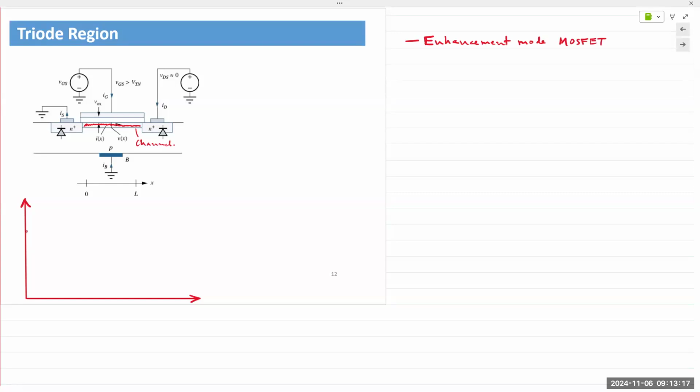There are depletion mode MOSFETs also, where a channel is already created during the manufacturing process. So similar to the FETs, like the JFETs, the junction FETs, a negative voltage must be applied at the gate to turn the channel off.